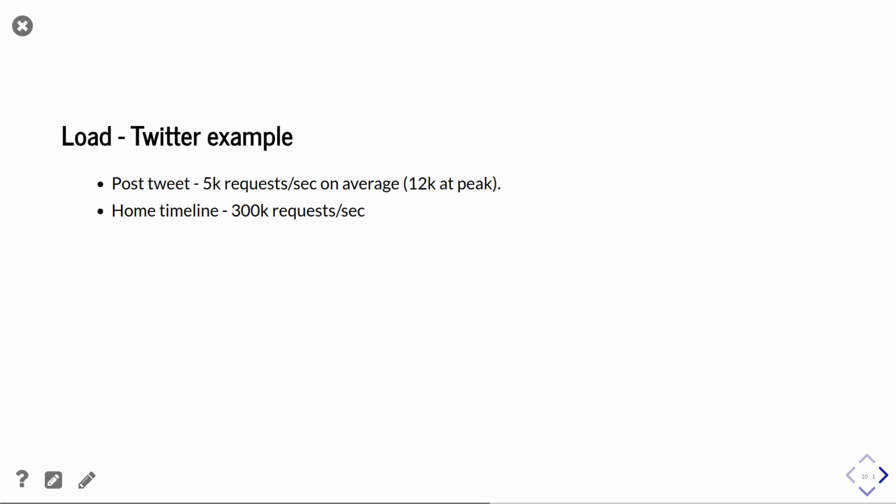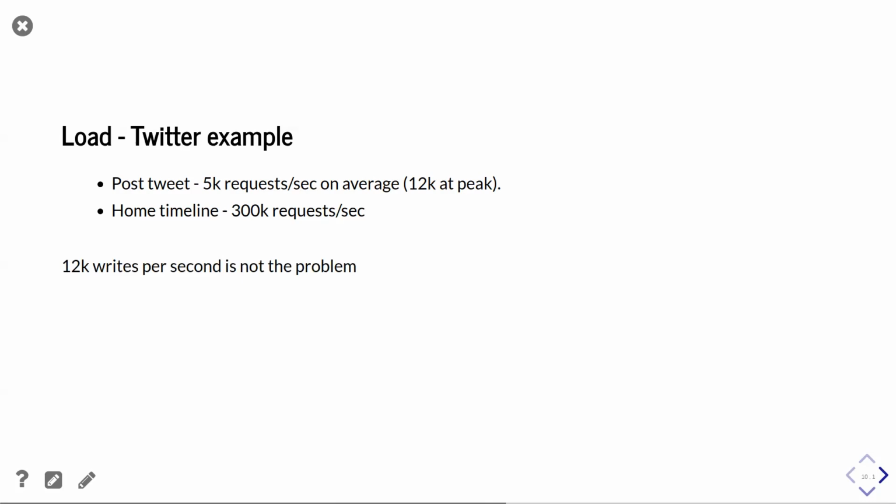And the home timeline read requests, where a user requests to see their timeline, are about 300,000 requests per second.